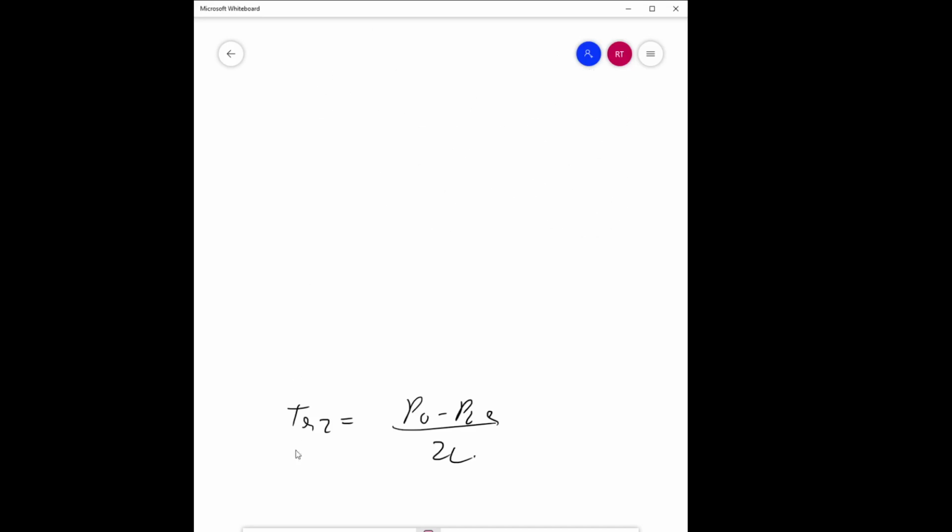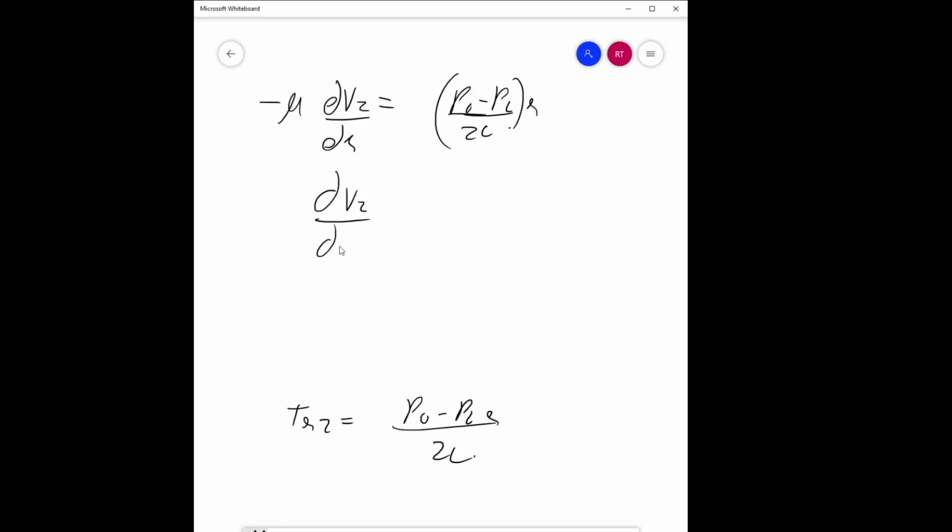Okay, so now let's continue with this. And we know what tau_rz is. It's basically nu dVz by dr is equal to (P0 minus PL) by 2L times r. So here you can just bring that to the left hand side, minus (P0 minus PL) by 2 nu L into r, and just integrate this.